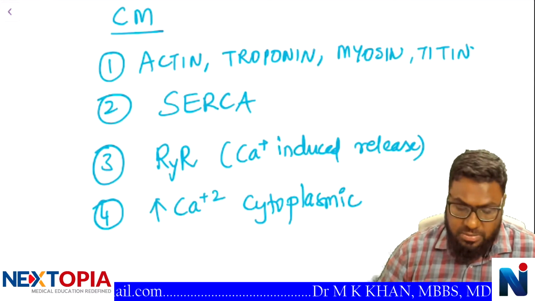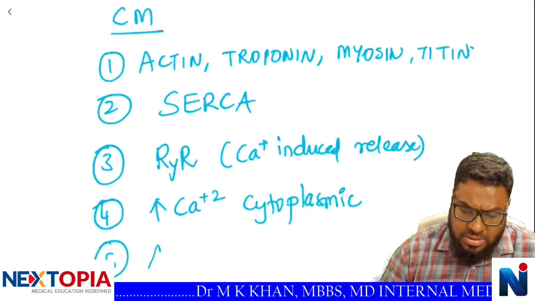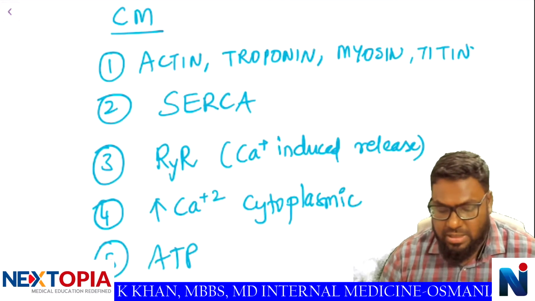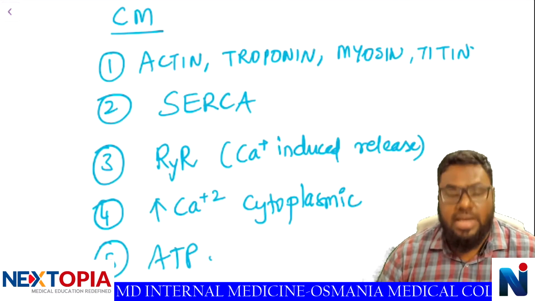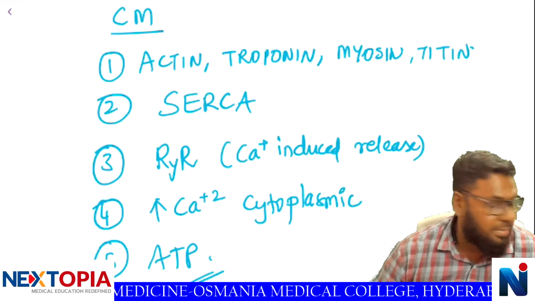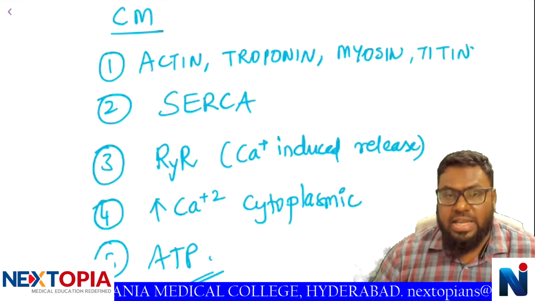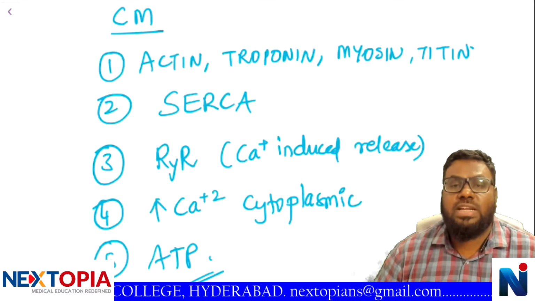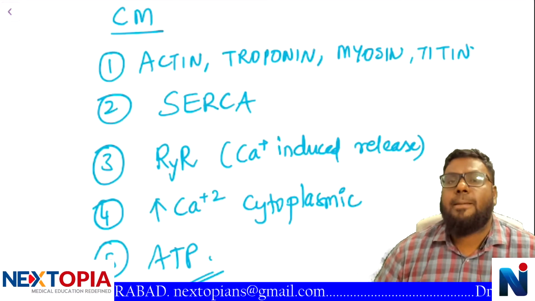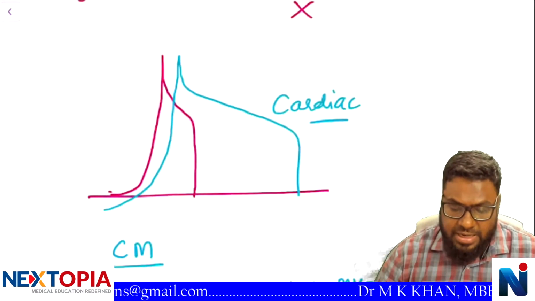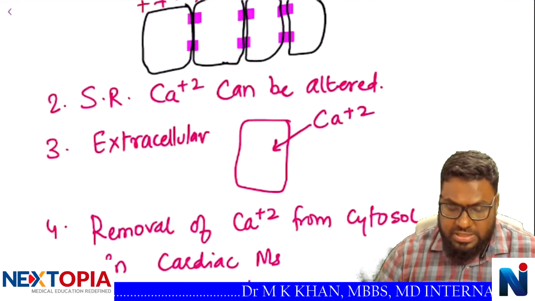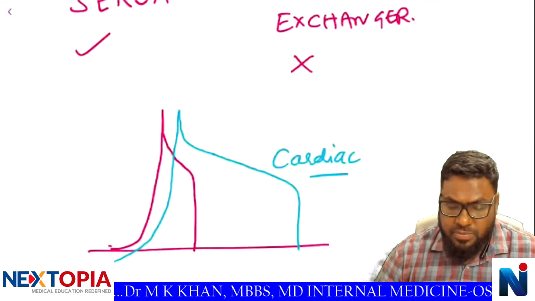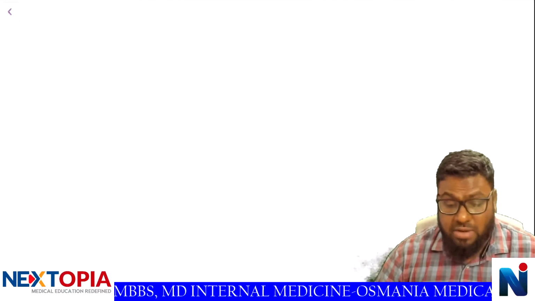These are all the important similarities. The last similarity between cardiac muscle and skeletal muscle is the activity of ATP, which plays an important role in providing energy. So these are all the important differences and similarities of cardiac muscle and skeletal muscle. You will have to remember all these.